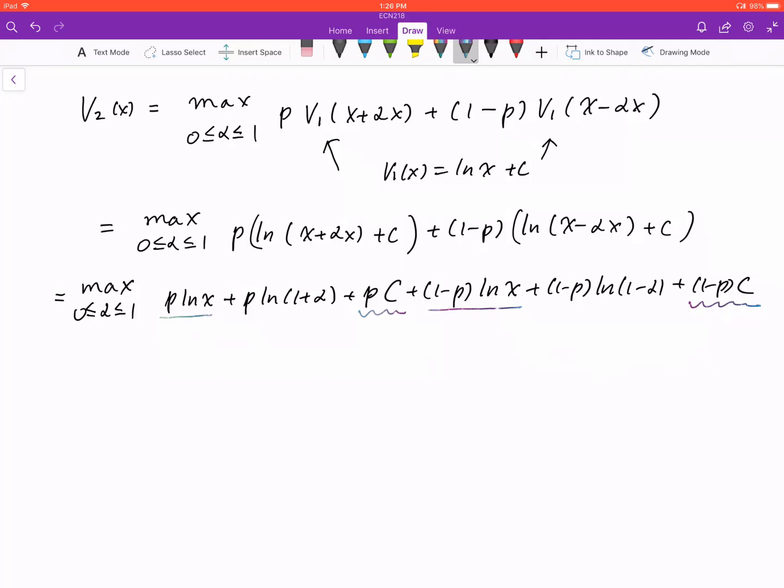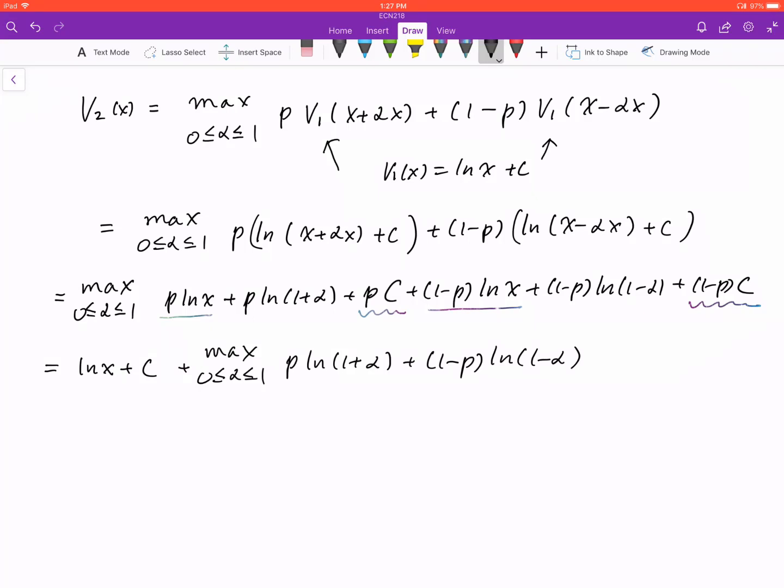So we end up with a very similar maximization problem. We have log x plus c, and then plus the maximum over alpha less than 1, bigger than 0, of p log(1 plus alpha) plus (1 minus p) log(1 minus alpha).